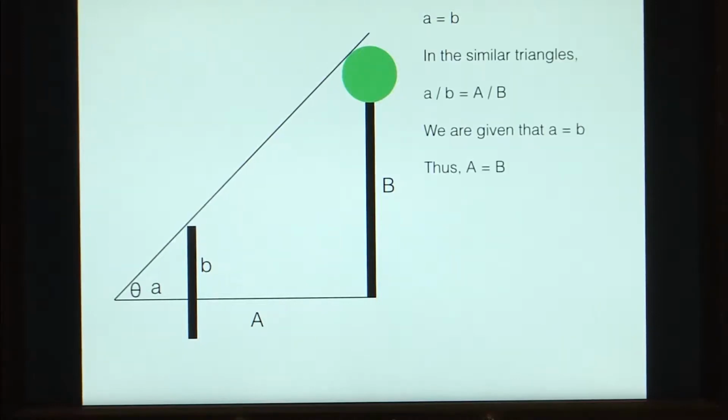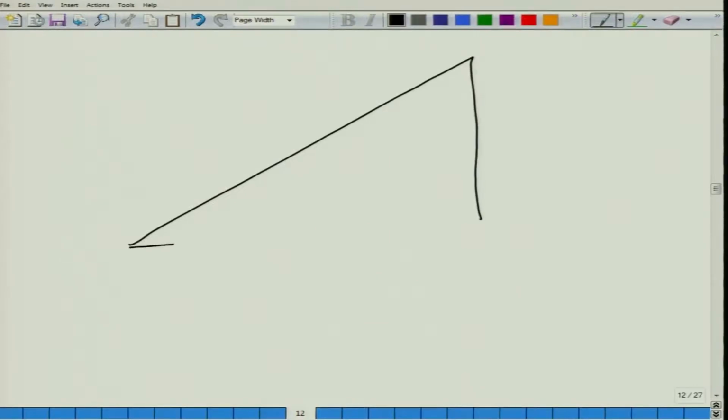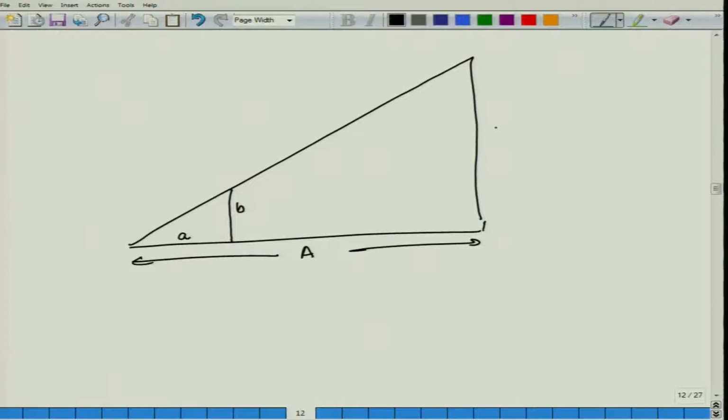So, then we will have two similar triangles, and in these two similar triangles we will have small a by small b is equal to capital A by capital B, because in these two triangles we have small a and small b, and we have capital A and capital B. So, small a by small b is equal to capital A by capital B is equal to some constant k.